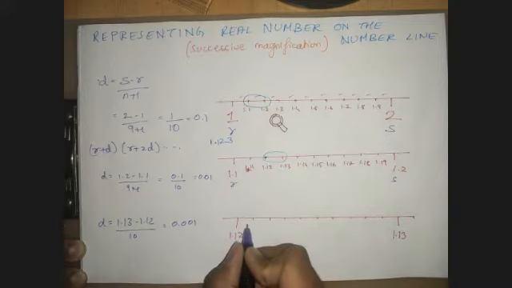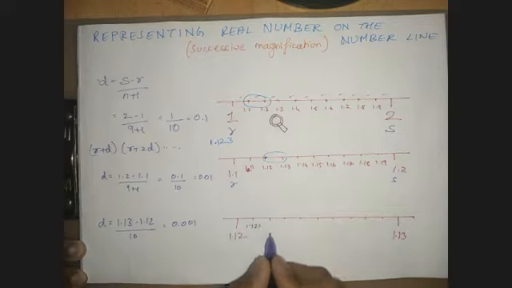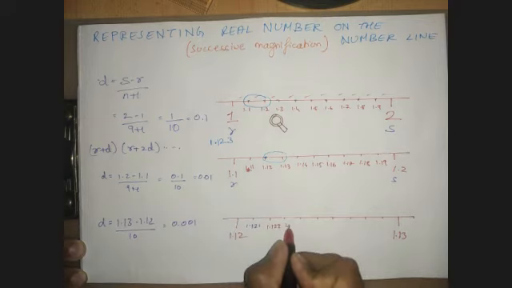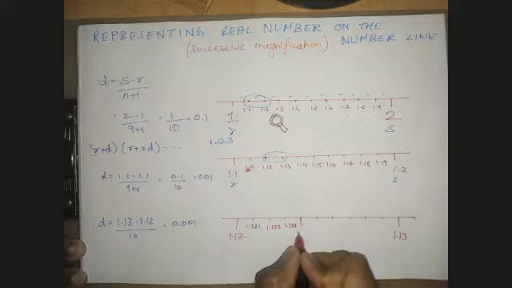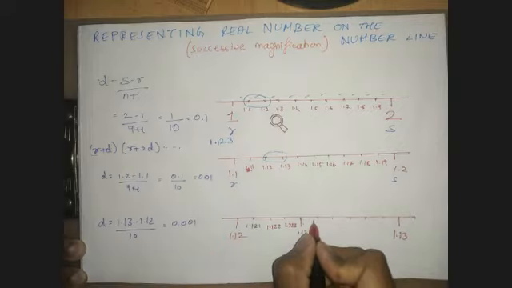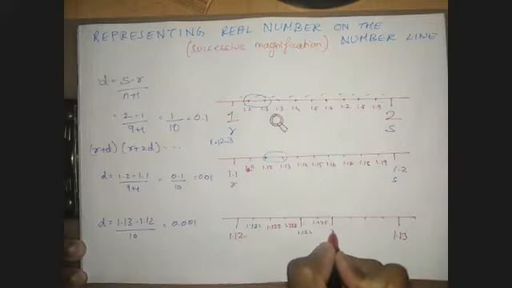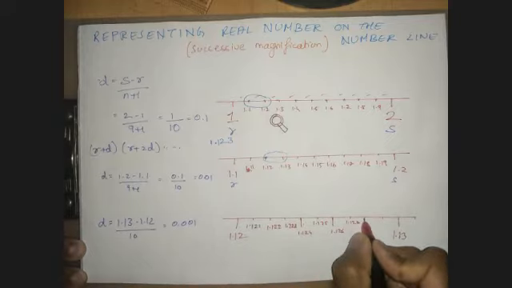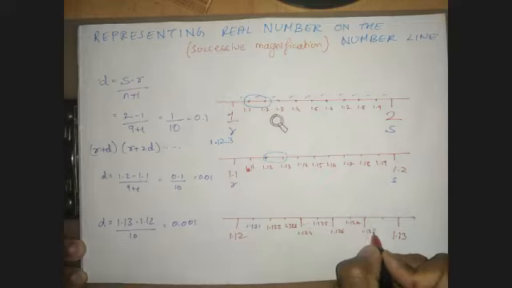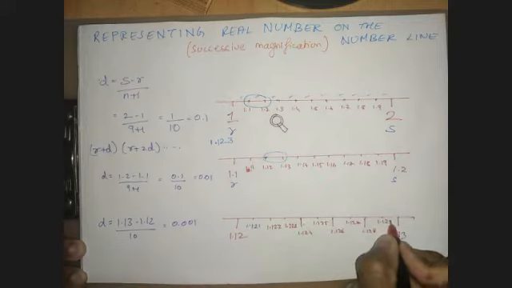So it would be 1.121, 1.122, 1.123, 1.124, 1.125, 1.126, 1.127, 1.128, 1.129.